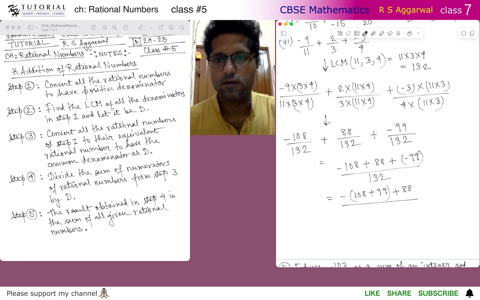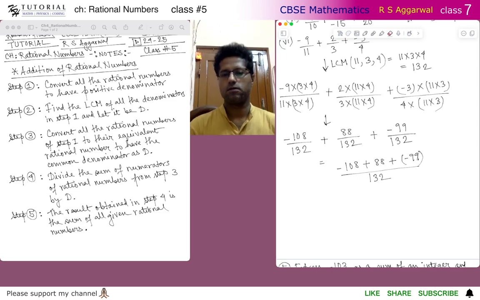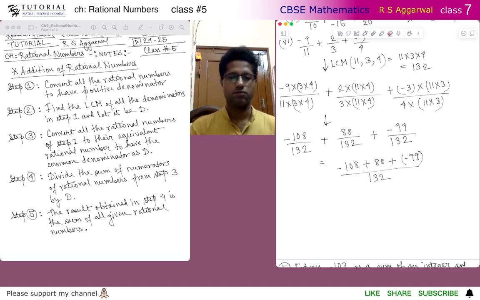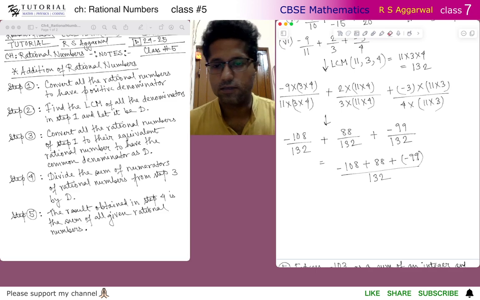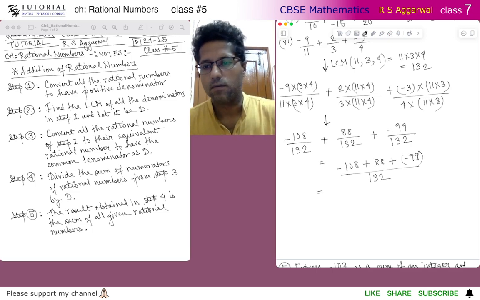Instead of doing this, for computing addition and subtraction of integers and natural numbers, it's always wise to see if you can arrange the numbers in a suitable way so that it helps you with the computation. So in this case, I would like to do the evaluation of 88 minus 99.